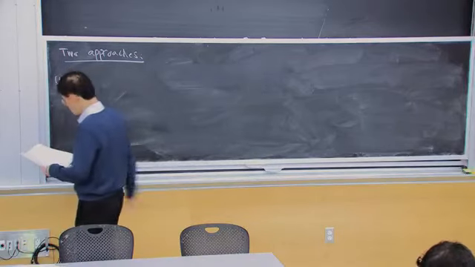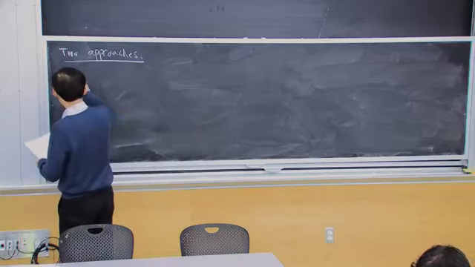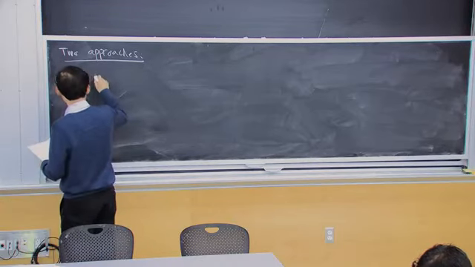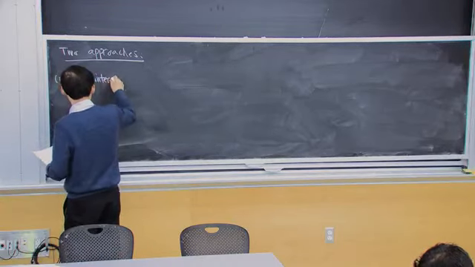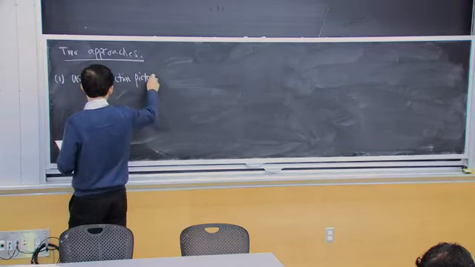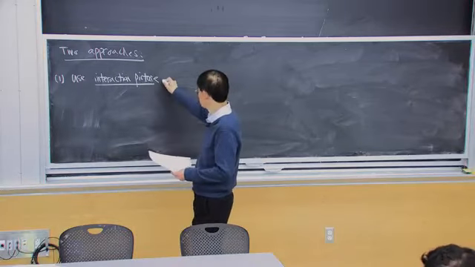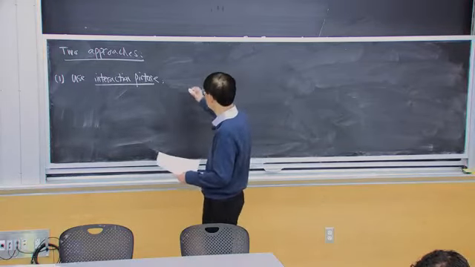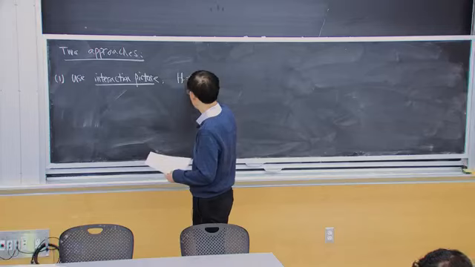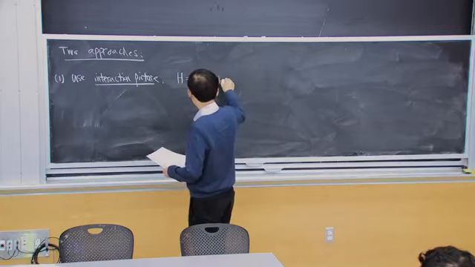So the first is to use the so-called interaction picture. What you do is the following: you separate your total Hamiltonian into a free-theory Hamiltonian and the interacting part.